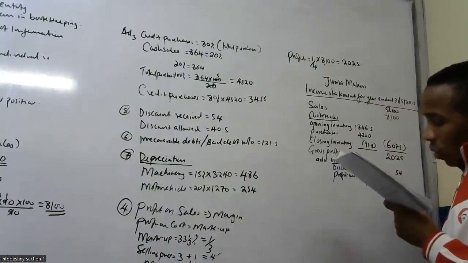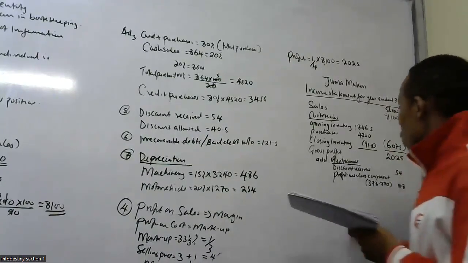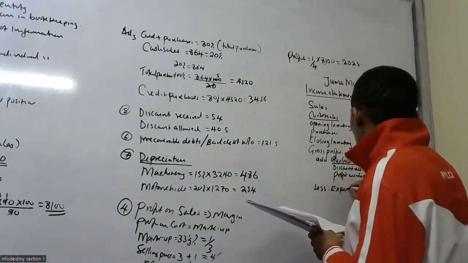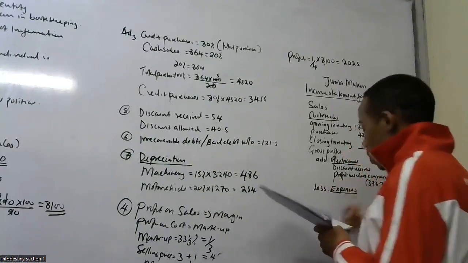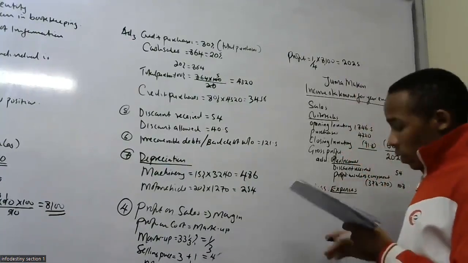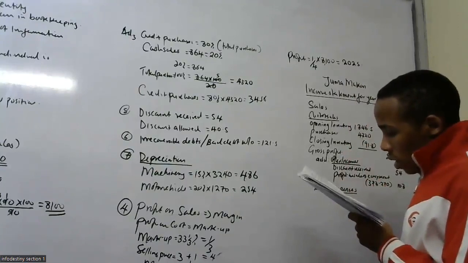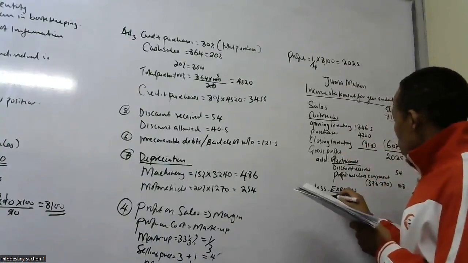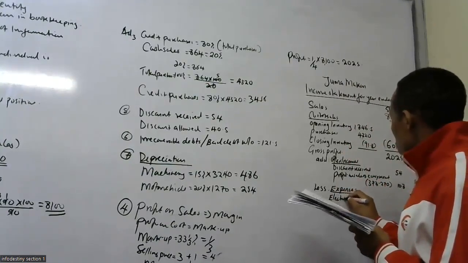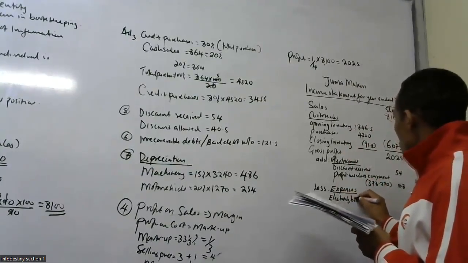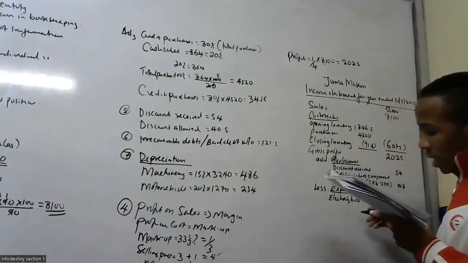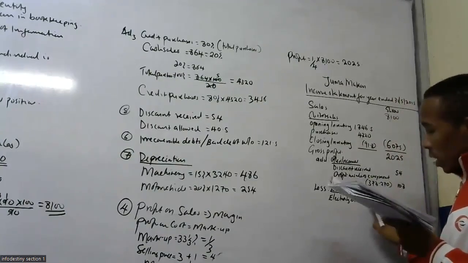Then from there, we record expenses, so less expenses. For the expenses, we start with electricity bills. But for the electricity bills, we have an adjustment under the balances of 2014 and 2015.